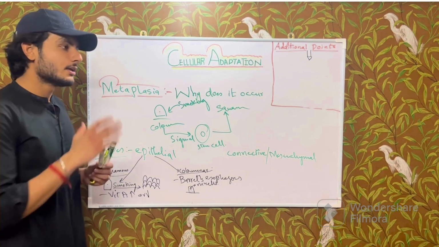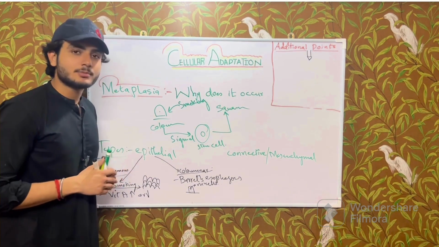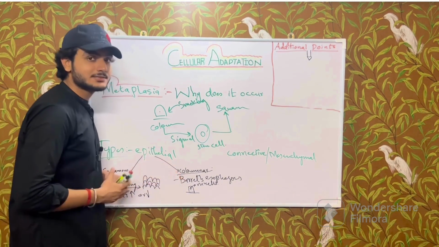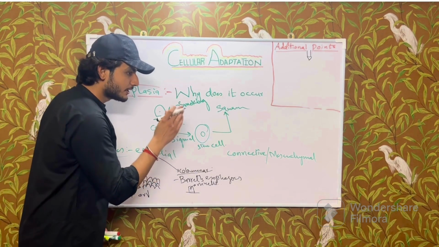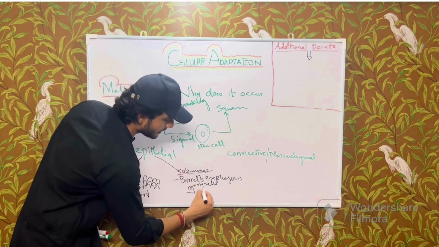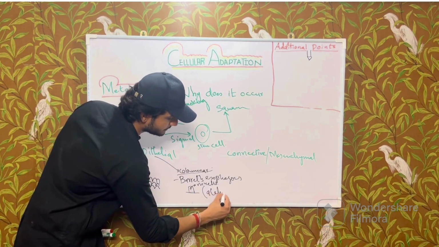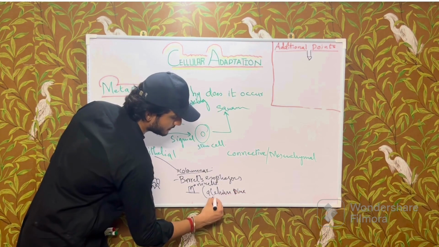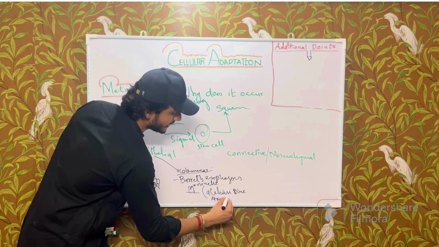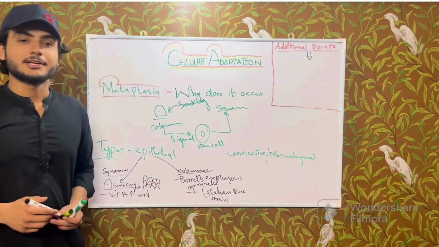Okay, so the question must arise in your mind: how can we visualize these mucin granules on microscopy? We have a stain known as Alcian blue stain. This stain helps us visualize these mucin granules.